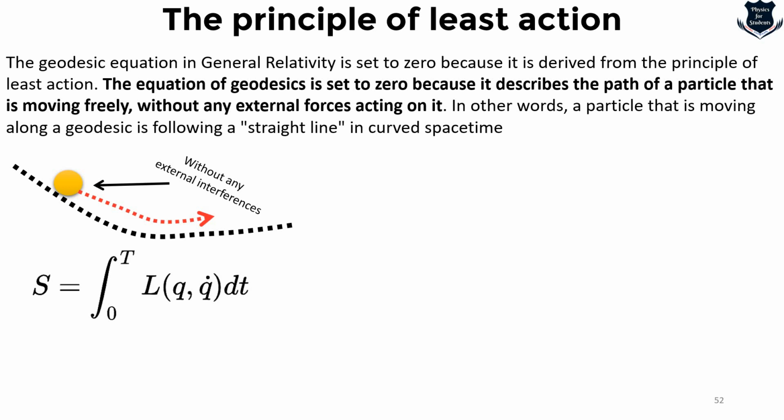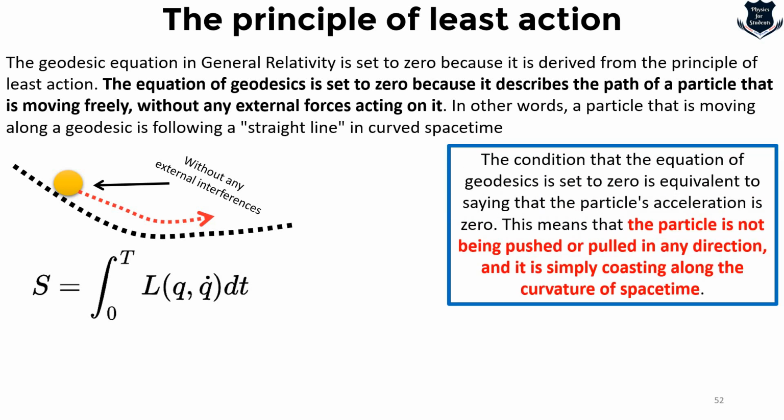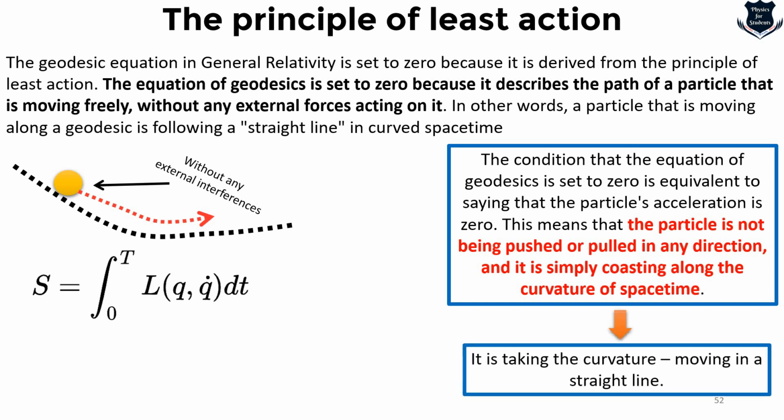Here is the Lagrangian, which is the classical Lagrangian, but remember that the condition set to 0 is equivalent to saying that the particle's acceleration is 0. This means that the particle is not being pushed or pulled in any direction, and it's simply coasting, moving nicely along the curvature of space-time, which shows that it is taking a curvature and moving in a straight line, which manifests into something we call gravity.